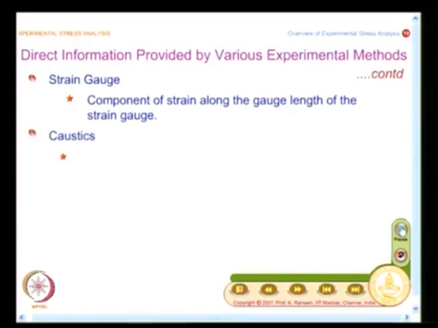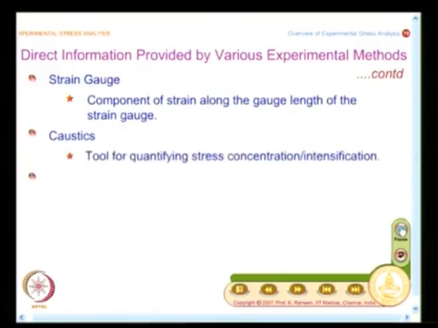And we have also noted what caustics is. We saw the caustics in the teacup. I said caustics is the name of the physics behind it, and this is particularly used for stress concentration and stress intensification problems. If I take photoelasticity, I can do it on regions which are not under stress concentration, even uniformly loaded, and I can get information.